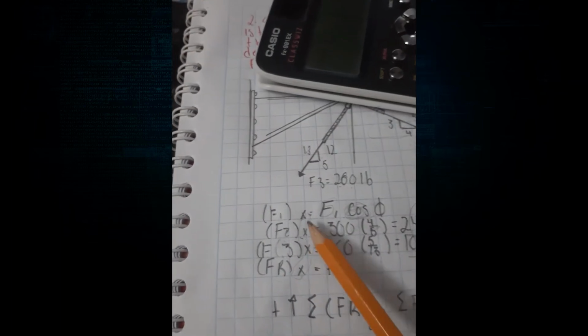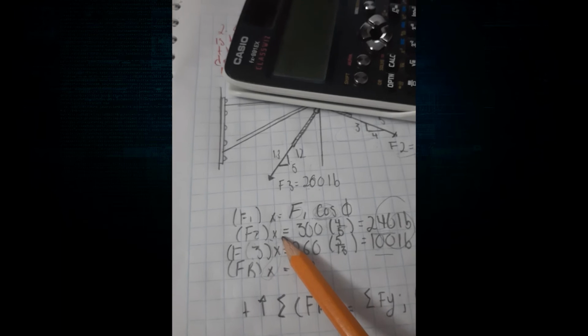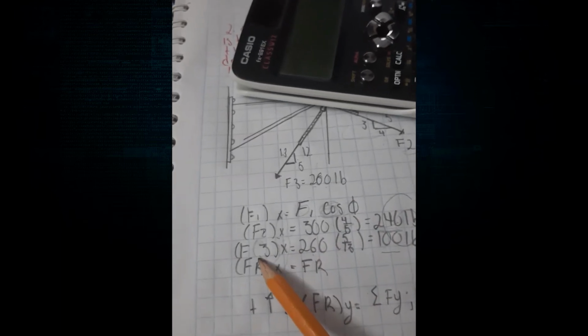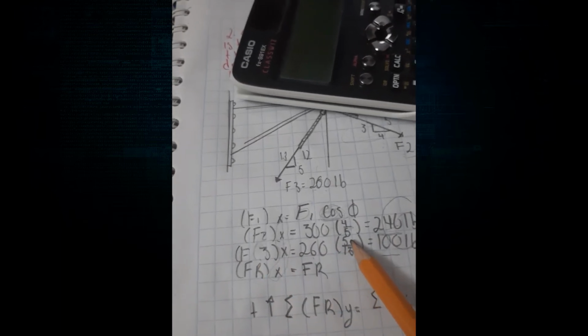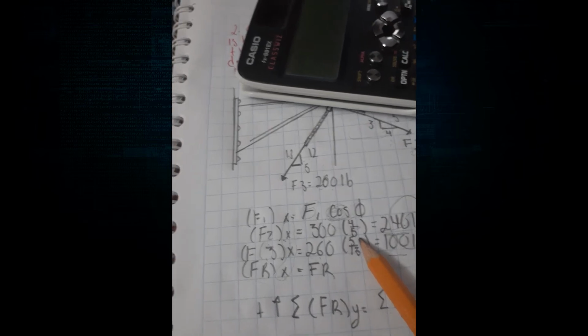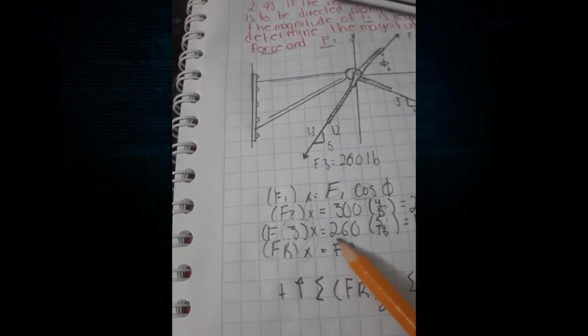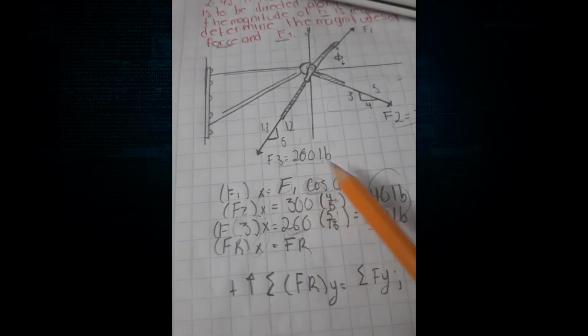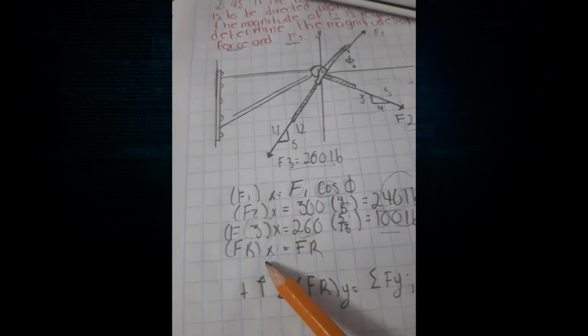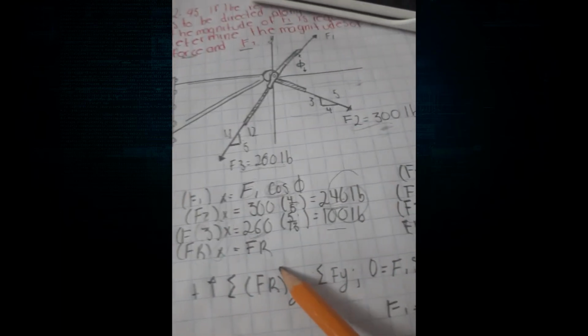This is the first magnitude of the F2 in the x-axis, and this is the same for F3. We have 5 and 13 on the other side, but it is 216 of the magnitude, and FRX is equal to FR.